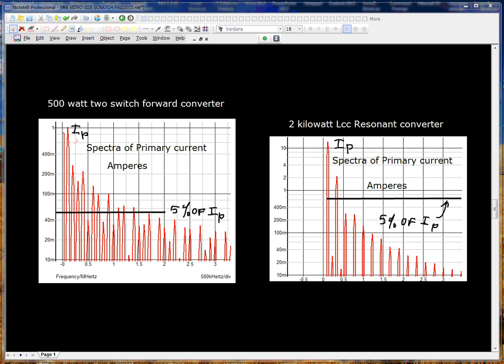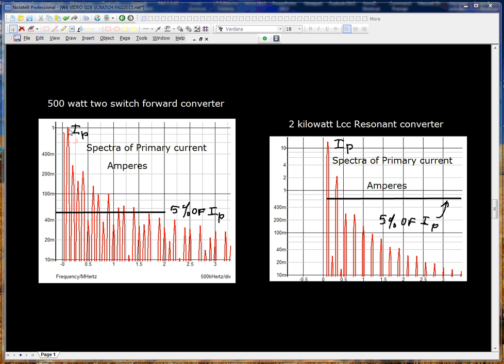I feel it important to mention this too, that in the real world with switch mode power supply design, we're working with quasi-square waves and almost square waves. In hard switching, this is a hard switched 500 watt 2-switch forward converter, just to give you an example, with a peak current of roughly 1 ampere. This is a spectra produced by that power supply. This is the current passing through the primary of the power transformer.